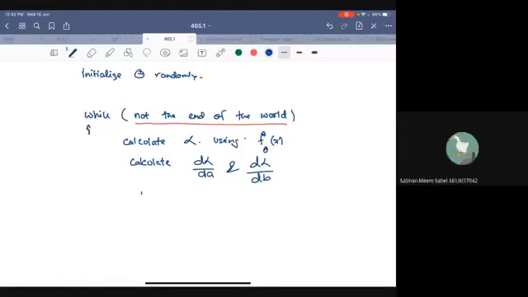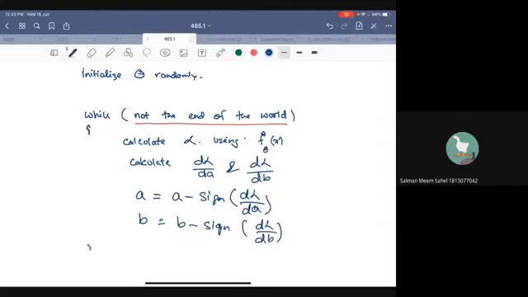Then A equals A minus sign of dL by dA, B equals B minus sign of dL by dB, where sign of x is equal to minus 1 if x is less than 0 or 1 if x is greater than 0.